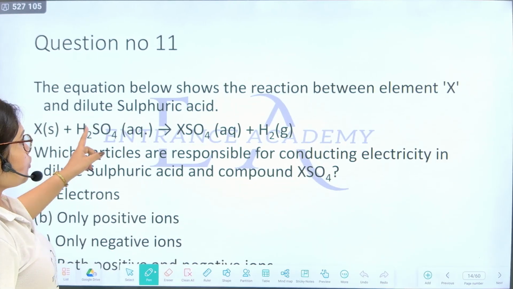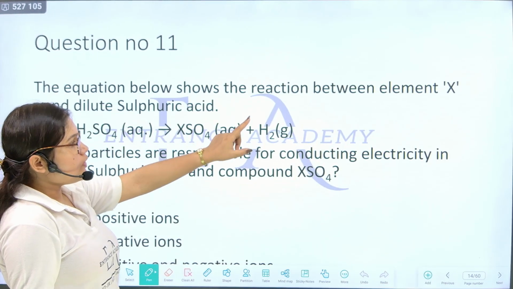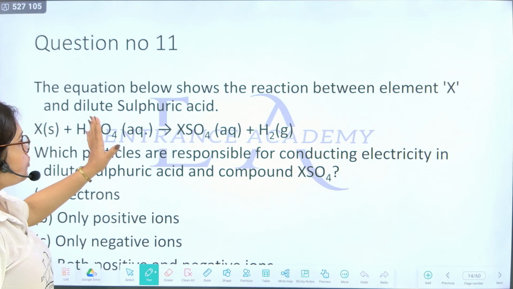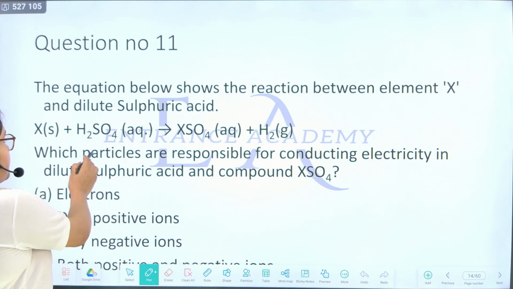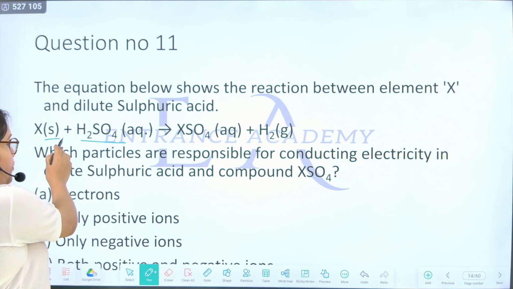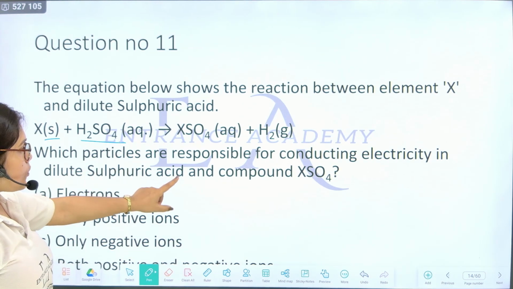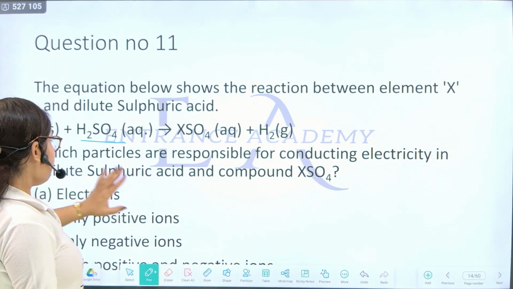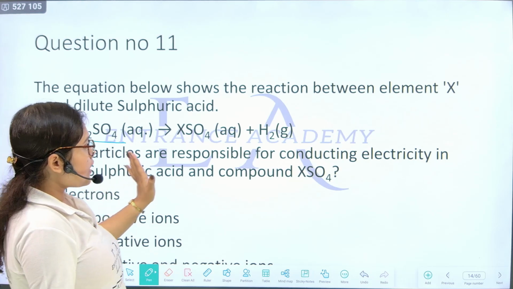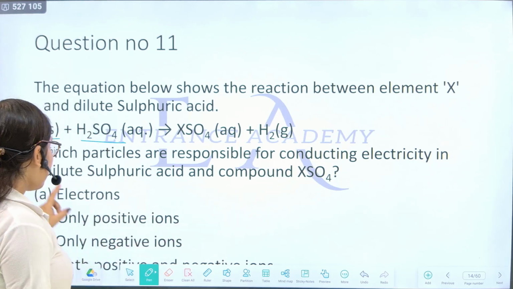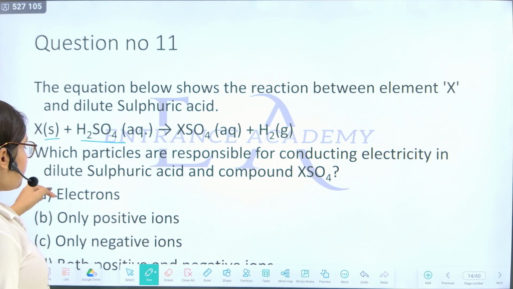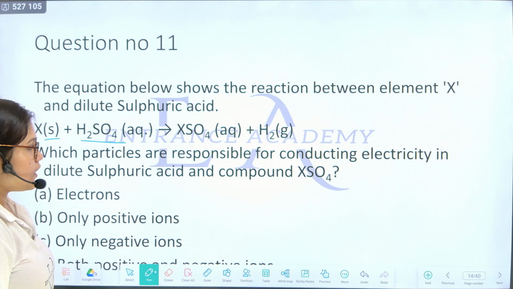The equation below shows the reaction between element X and dilute sulfuric acid. So this is dilute sulfuric acid and another element is X. Which particles are responsible for conducting electricity in dilute sulfuric acid and compound XSO4? Electrons, only positive ions, only negative ions, both positive and negative ions.